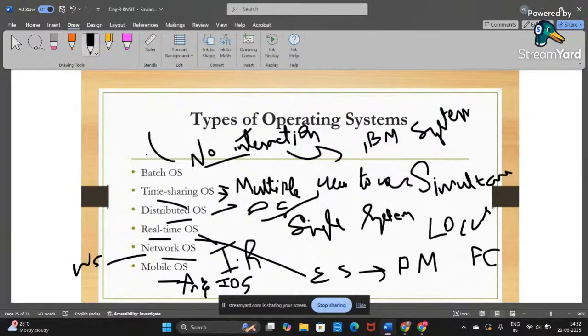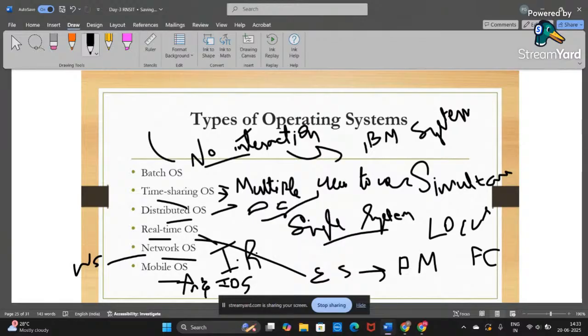I'll repeat it again. Batch OS has no interaction with the user, but time sharing OS has multiple users interacting simultaneously. Distributed OS manages a group of distinct computers and makes them appear as a single system.